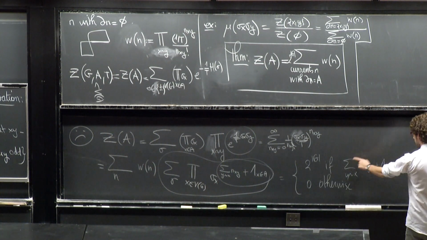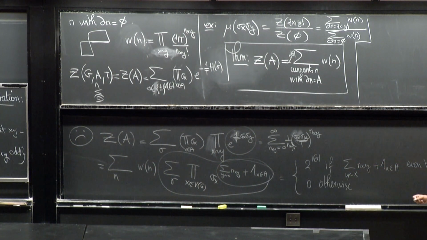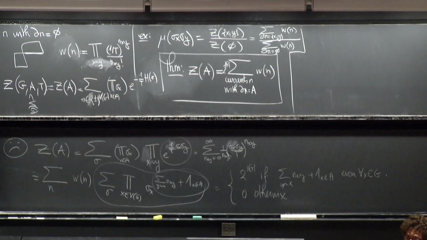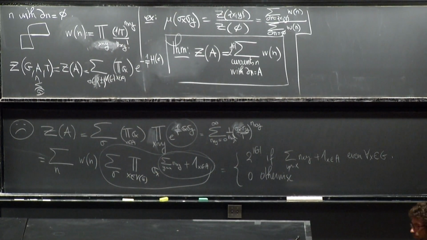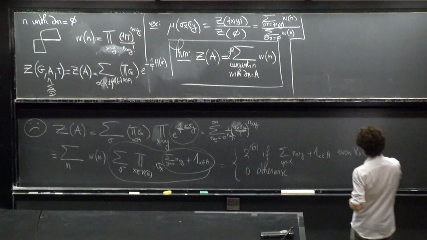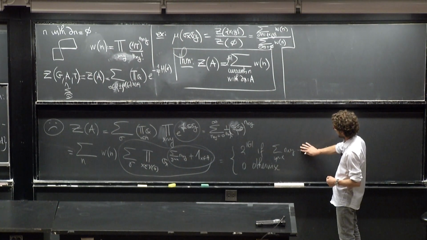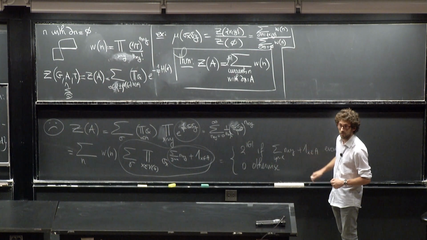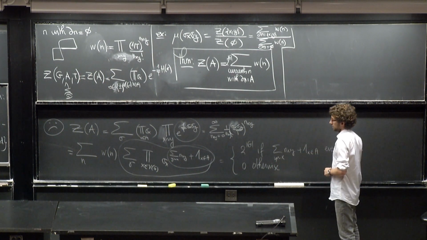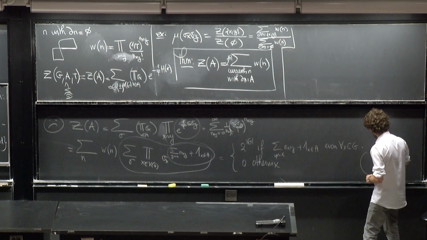But this is exactly saying that the sources are the set A, right? If x is not in A, this gives you that this is even, and if x is in A, that means that this is odd. So it's exactly the sources. And this is the end of the proof. So it's a very simple proof.